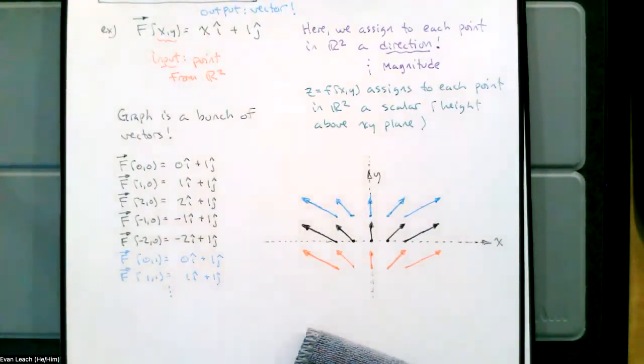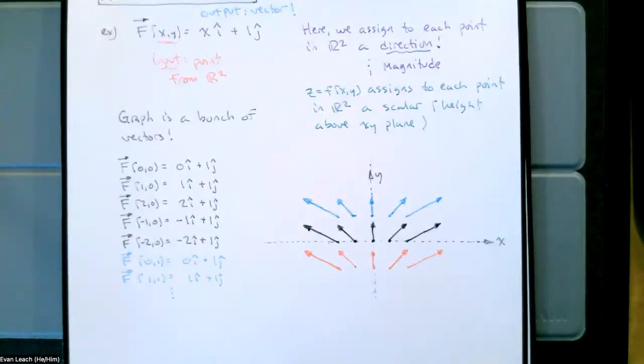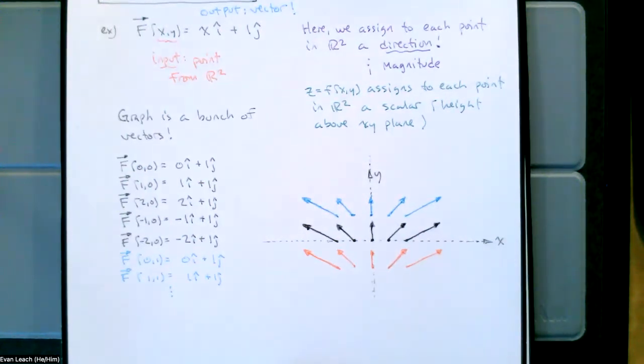At each point, there's a vector, not just a value, a direction and a magnitude. Any questions?